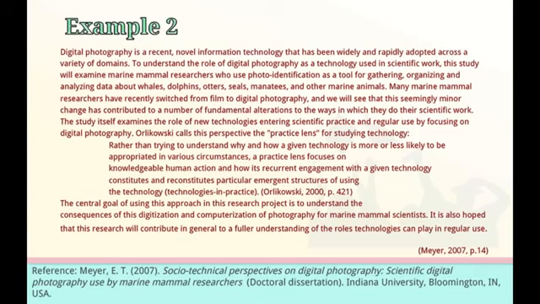"Many marine mammal researchers have recently switched from film to digital photography, and we'll see that this simple, minor change has contributed to a number of fundamental alterations to the ways in which they do their scientific work." That's a description of a problem. "The study itself examines the role of new technology entering scientific practice and regular use by focusing on digital photography."